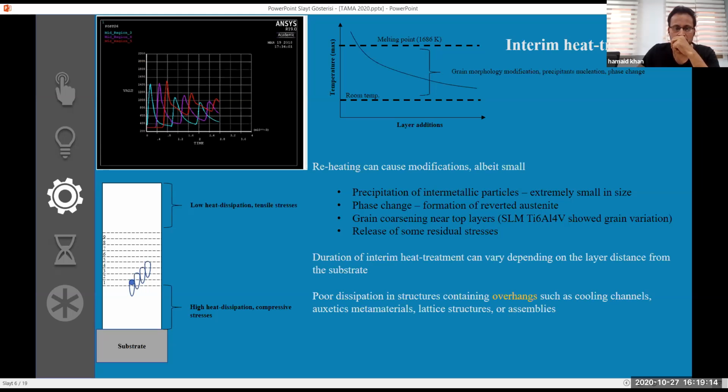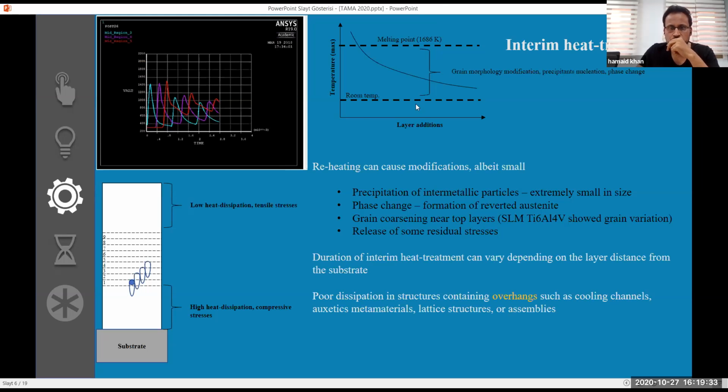So definitely the impact is not going to be that huge compared to general heat treatment processes. But still, it can somehow modify the microstructure, which we're going to see in the next slides during the discussion of mechanical properties.